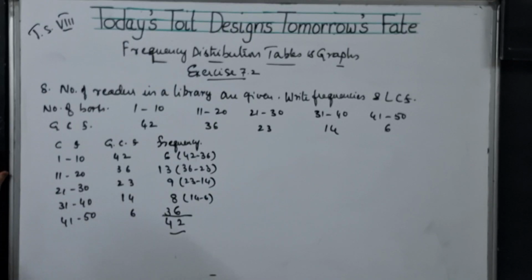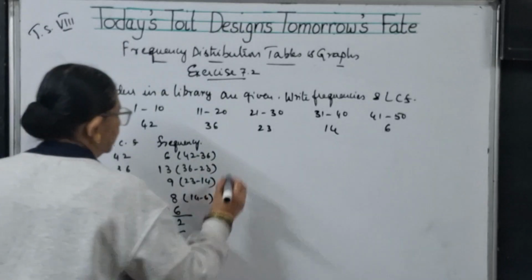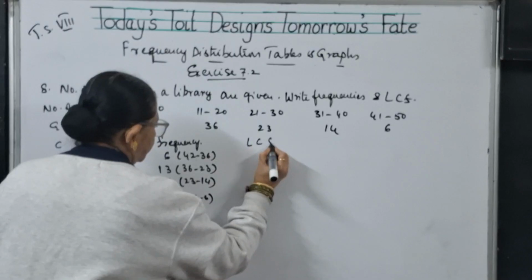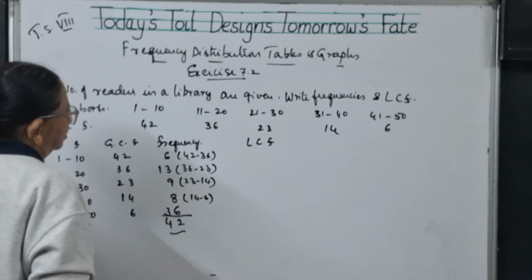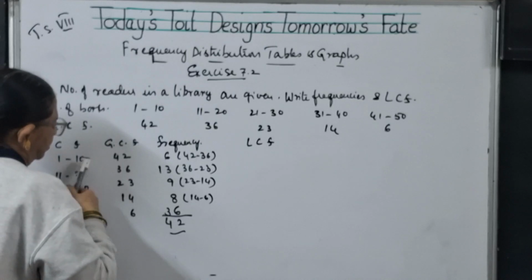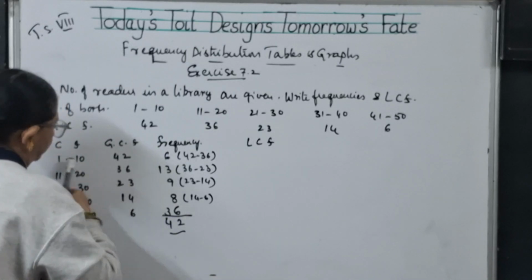Okay. Now after frequency we need to find out less than cumulative frequency. Less than cumulative frequency should be started with the least frequency.